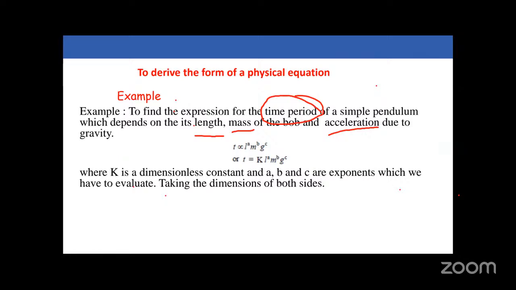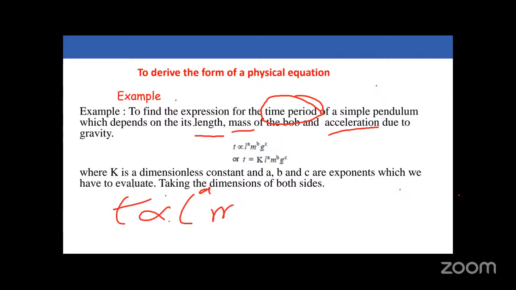So what mathematical equation can we derive to show how this time period depends on these 3 quantities? So we start with writing an expression such as T is proportional to L, which is length, raised to A, that is the power to which they are raised.